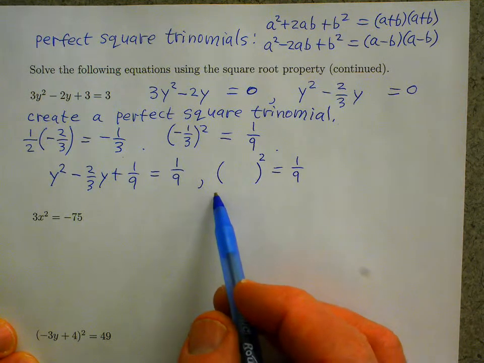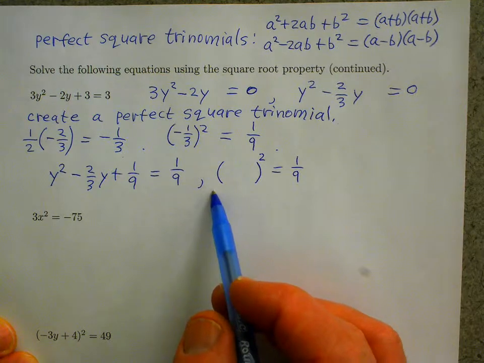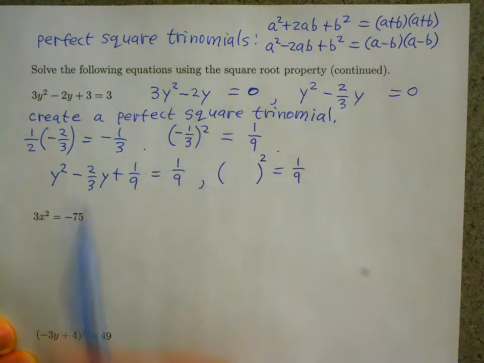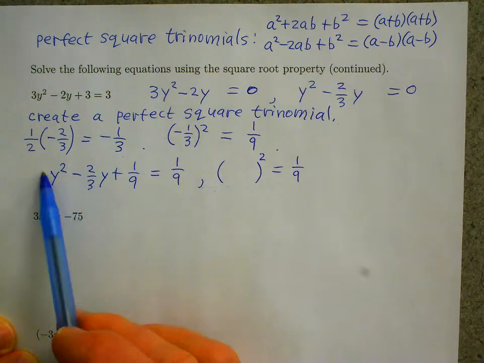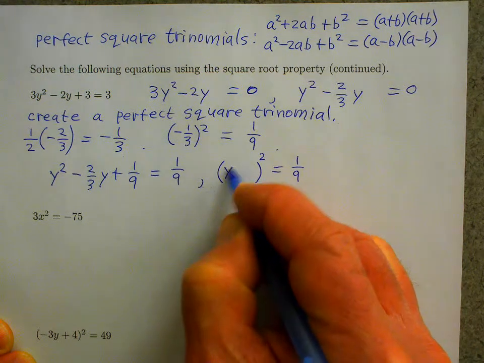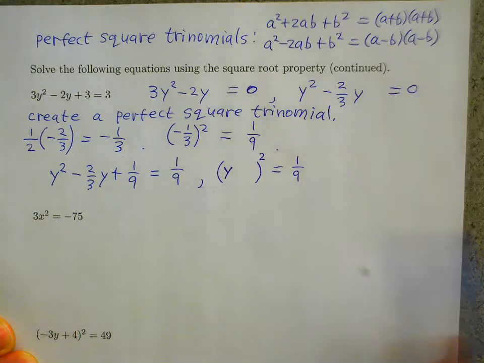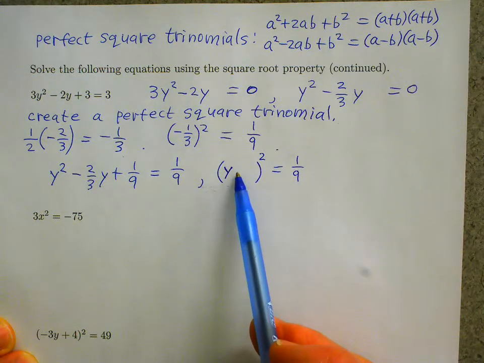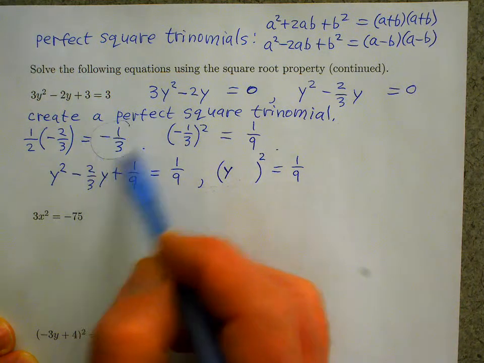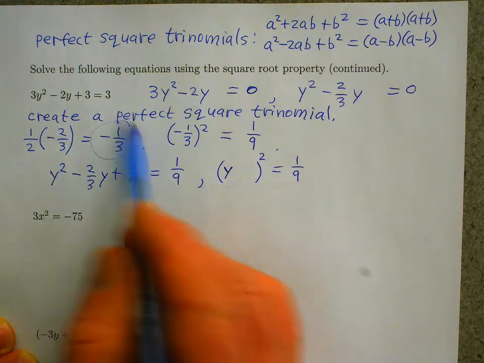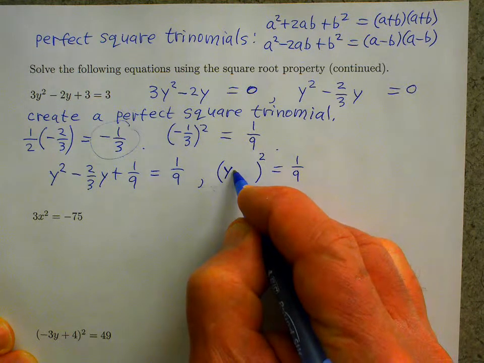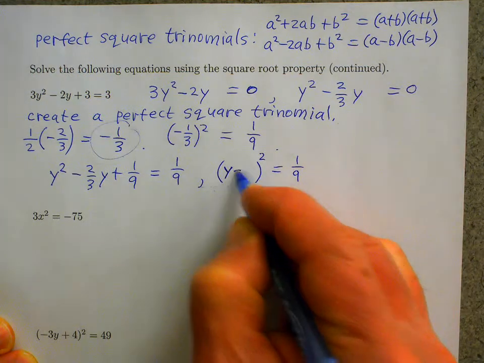Okay, it's not too hard, and it will get easier with practice. Since the coefficient of y squared is positive 1, the binomial has to have 1y in it. And how do I determine what the number is? Well, when we took 1/2 of negative 2/3, we got negative 1/3. So inside the parentheses, we write y minus 1/3.